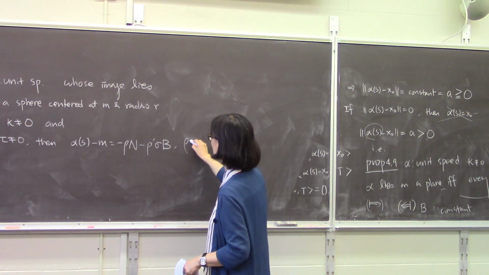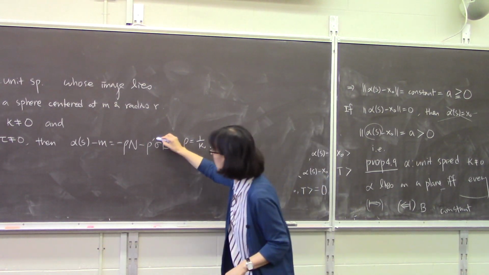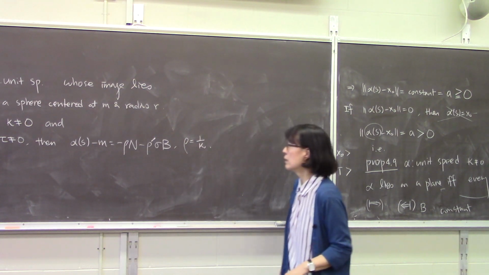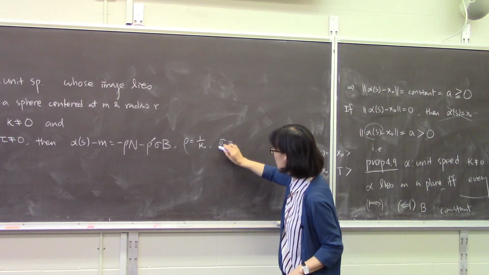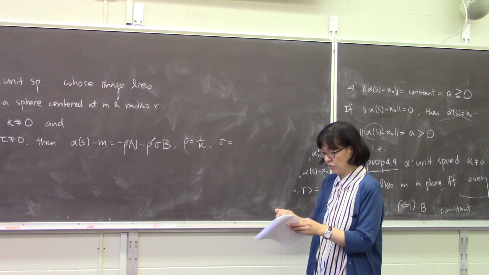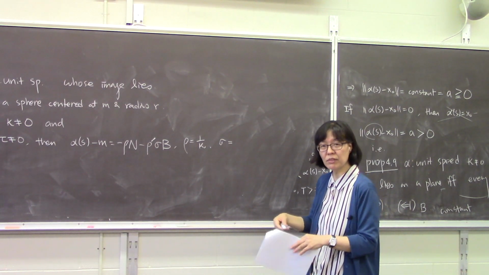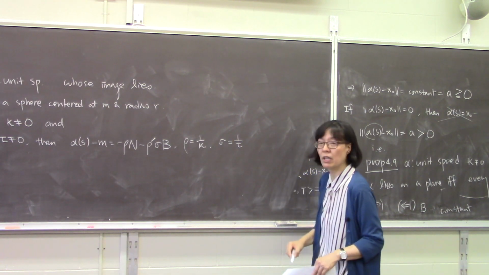And here rho is 1 over curvature, and sigma is, can you guess what? We have a curvature and we have a torsion, right? So 1 over torsion.